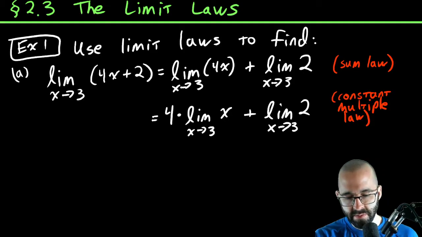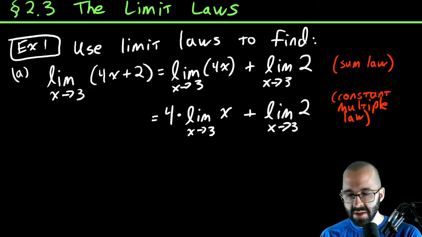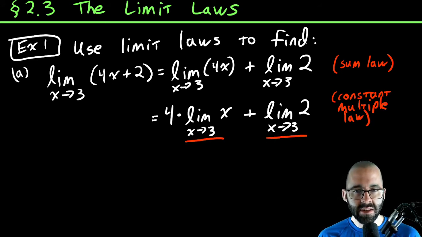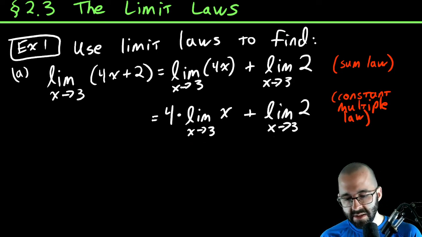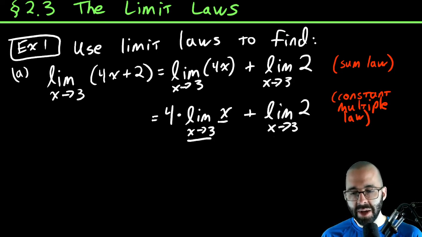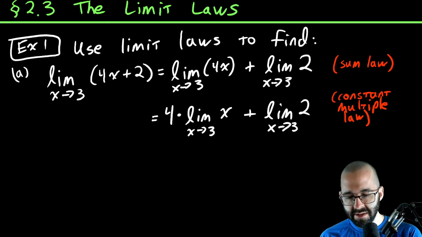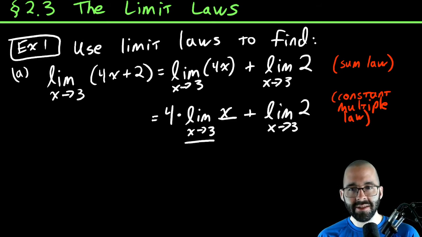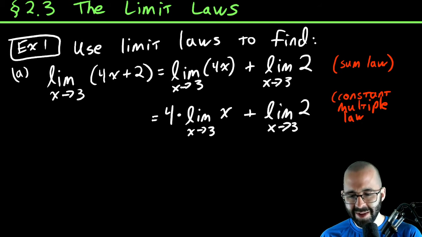And last but not least, we can use the very first two things, right? We know how to evaluate each of these limits from section 2.2. The limit of x, as x approaches 3, how does x behave? Well, as x approaches 3, x also approaches 3. It's the same thing.